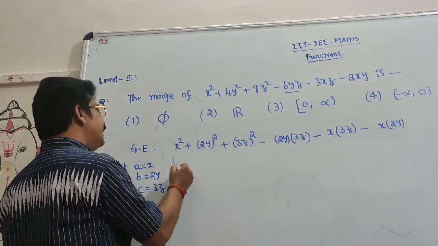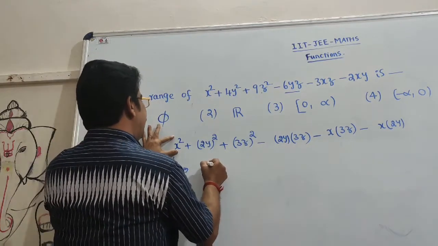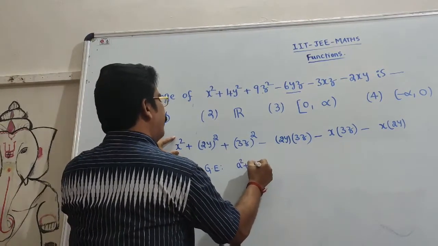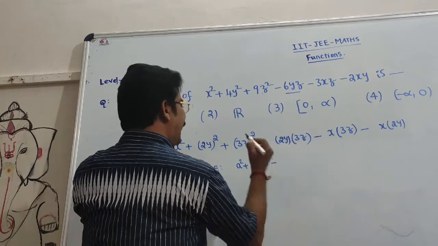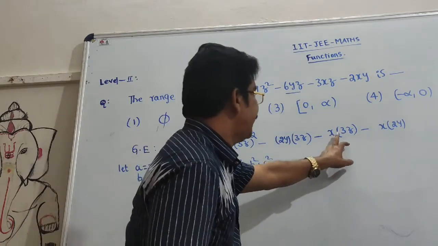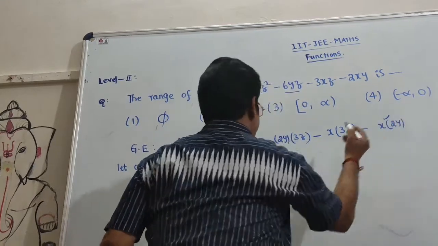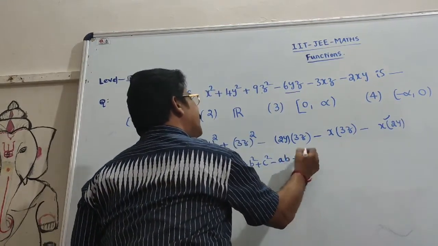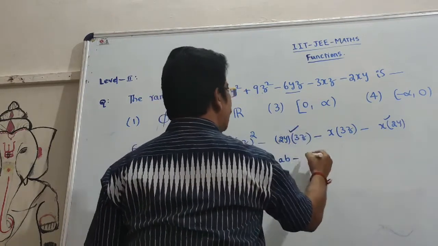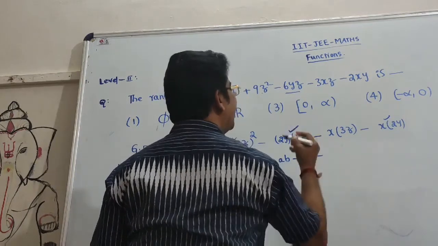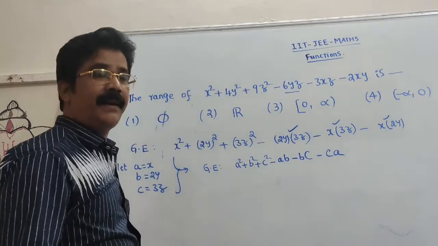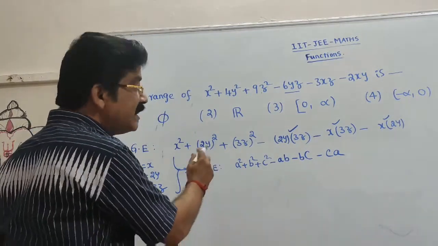Then the given expression becomes a square plus b square plus c square minus ab, next bc, next minus ca. We are very familiar with this value.